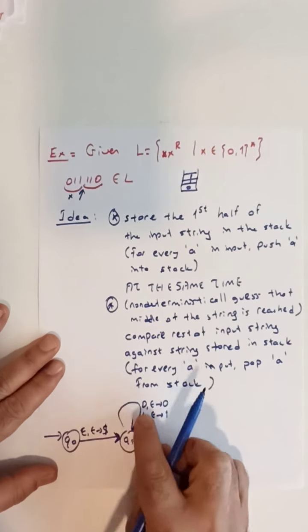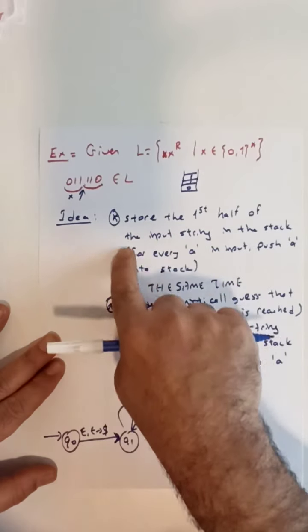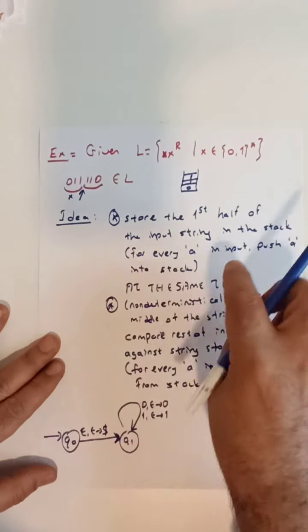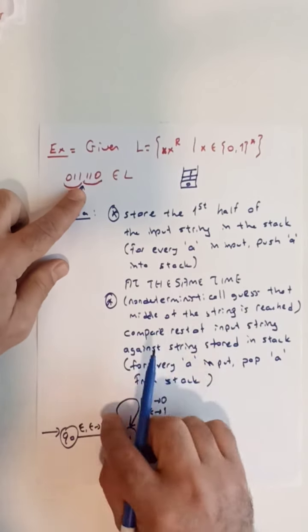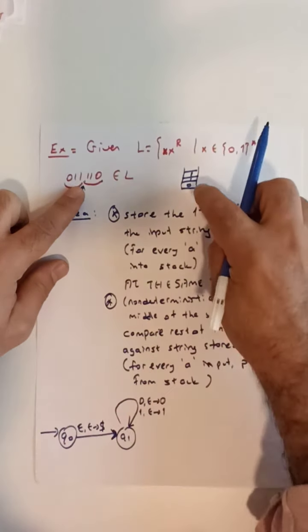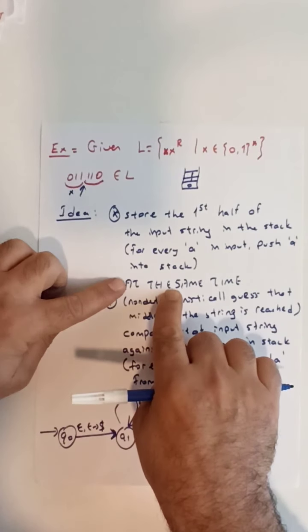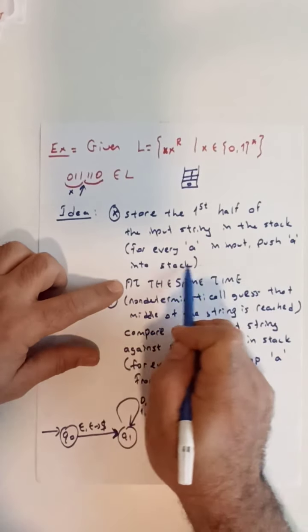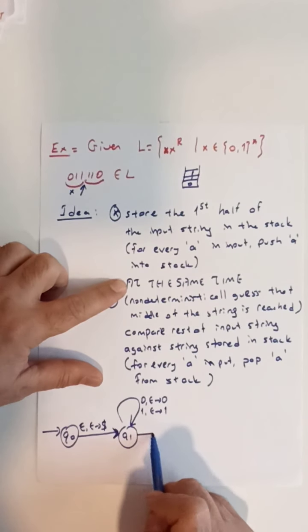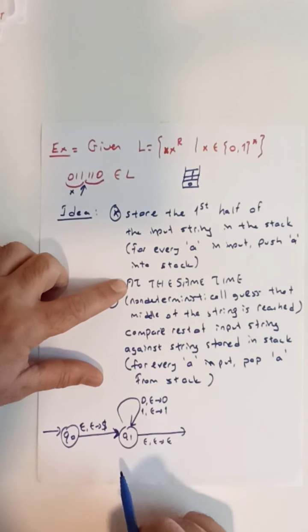So this looping transition implements the first half, assuming that we are still reading symbols from the first half of the string. We will keep on storing whatever symbols we see in our stack, but at the same time, we make a non-deterministic guess, epsilon.